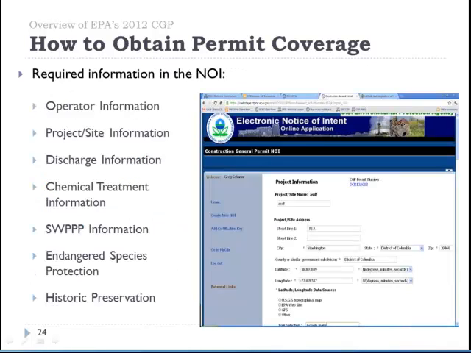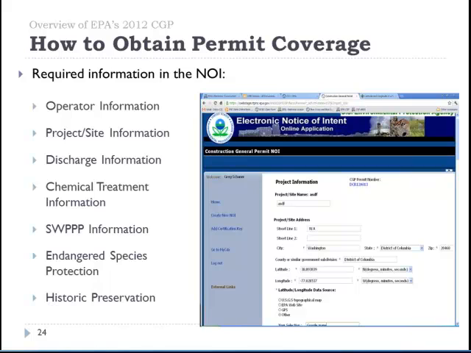And then lastly, you're on the system, you're filling out your NOI. What's basically required in the NOI can be viewed in paper form in the permit itself. There's a paper NOI, but once you go through the ENOI system, it takes you through the same information by asking for information that identifies you as the operator, where your project and site is, and where you're discharging to.